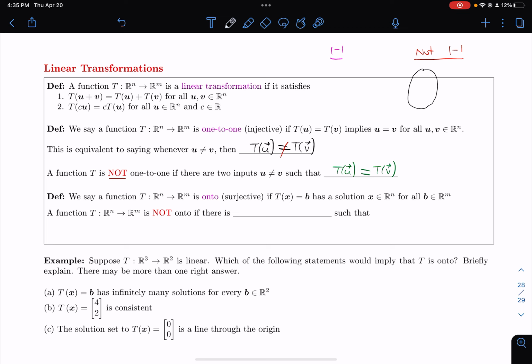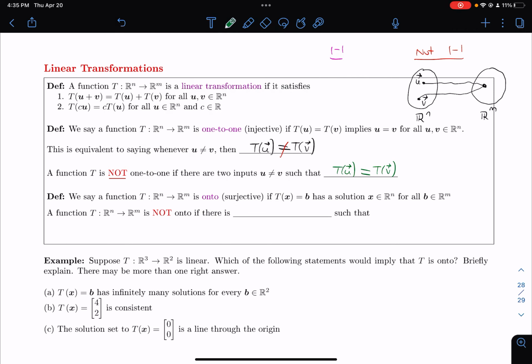So I'm going to let this circle represent my domain. My domain here, I'm calling it Rn. Those are the vectors I'm plugging in. And the codomain, the vectors I potentially could get out, are in Rm. So something is not one-to-one if we can find two input vectors in the domain, let's call them u and v, and I'm going to draw an arrow connecting them to their output, whose output vector is the same.